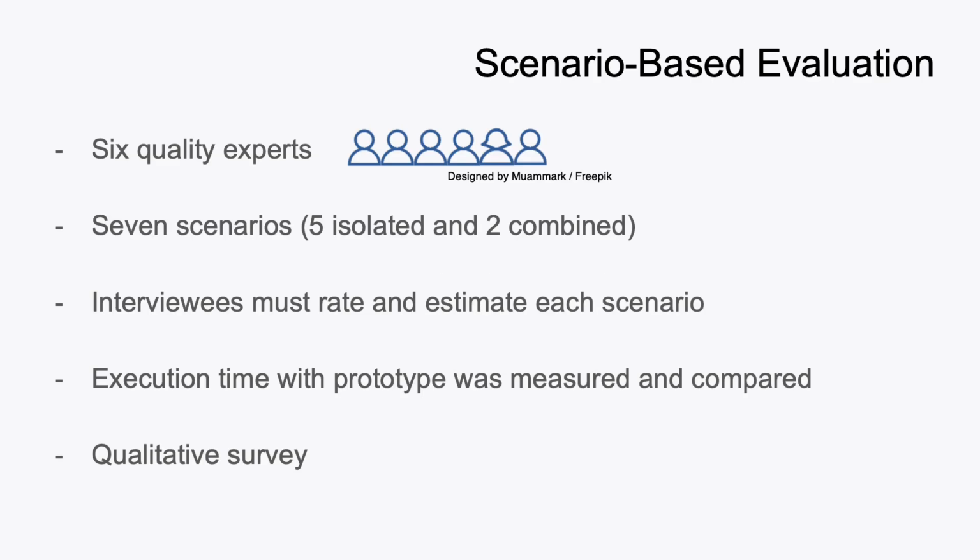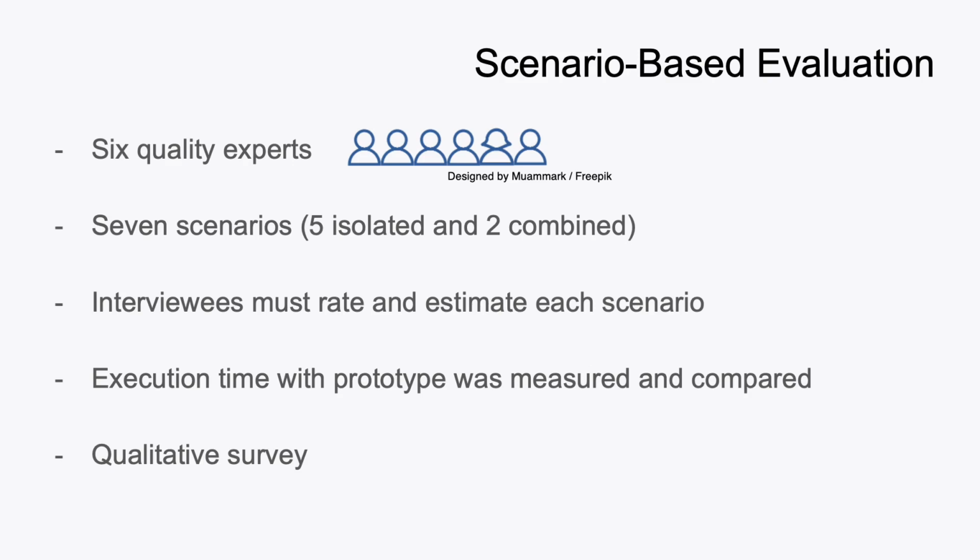For the final evaluation, we asked a group of 6 experts to solve a set of 7 common quality scenarios by using our prototype. To evaluate the performance of our tool, we used different criteria. First, the experts had to roughly estimate how long they would take to solve the task with one of their familiar tools, like SonarQube, for example.